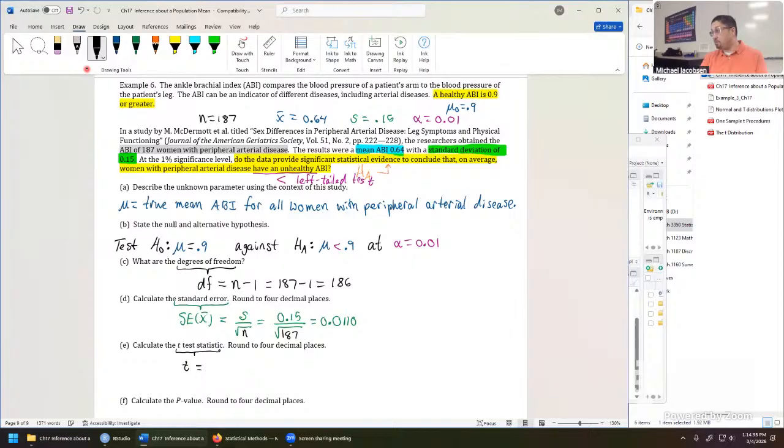It goes T equals, take the sample mean x bar, subtract from that the hypothesized mean, mu naught, which is the same value you have down here in both your null and your alternative, divide by the standard error of x bar that we just calculated.